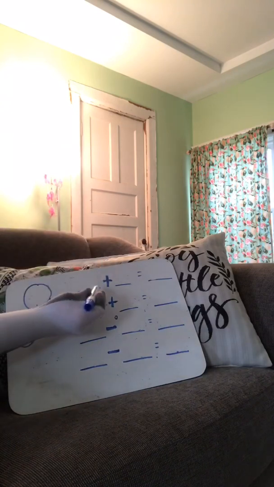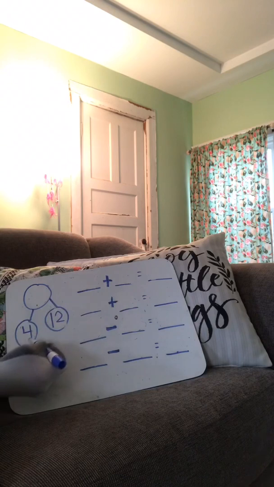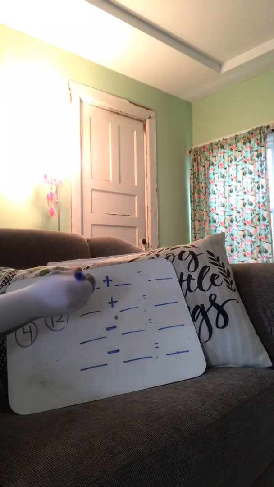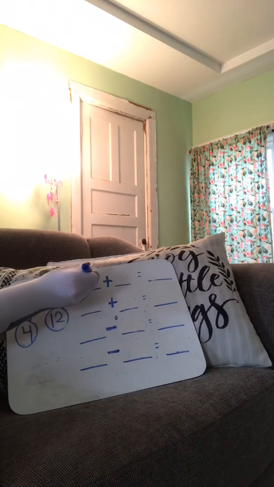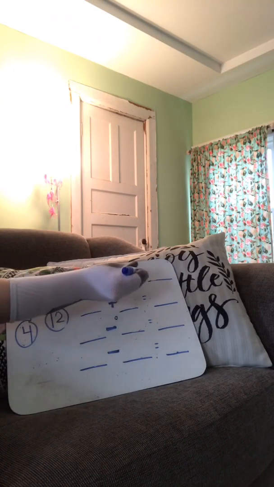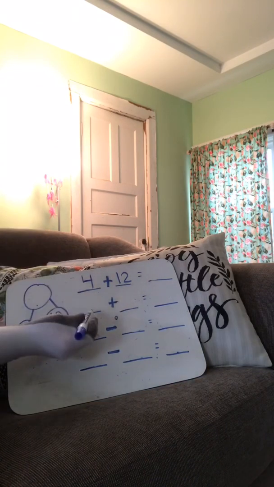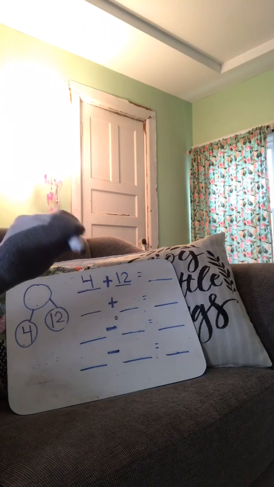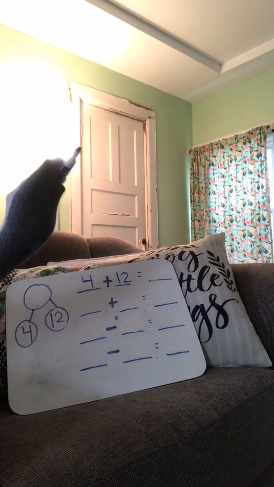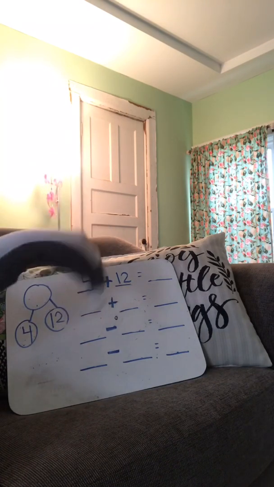We know that next to the plus sign will always be the two buddies or the two parts who get added together. So we're going to put 4 plus 12 equals something, because we don't know our total yet. I can actually also fill in this other addition problem very easily by giving it the old switcheroo.